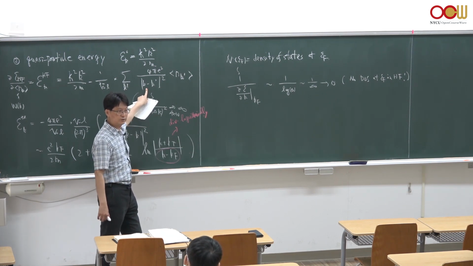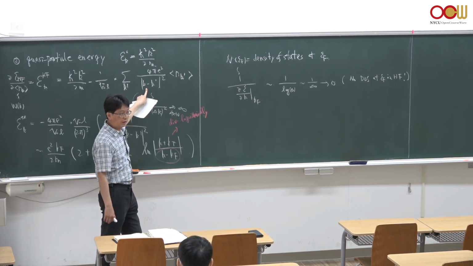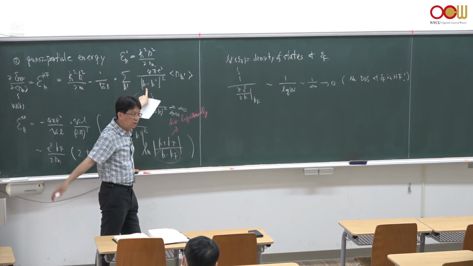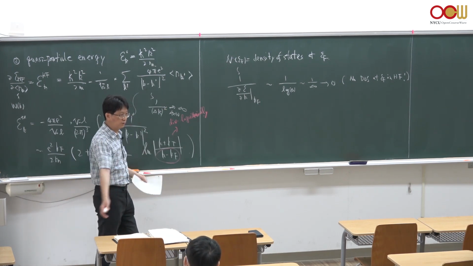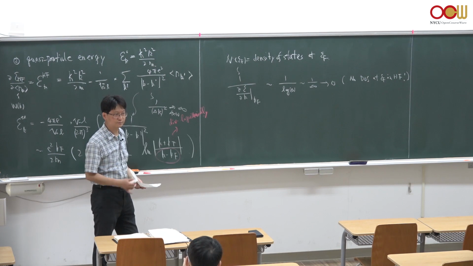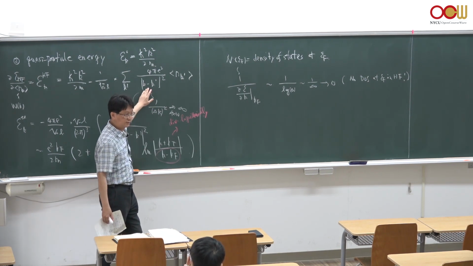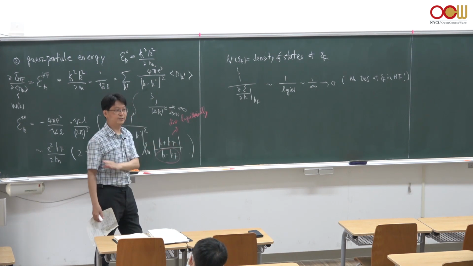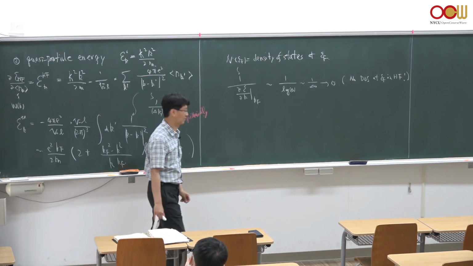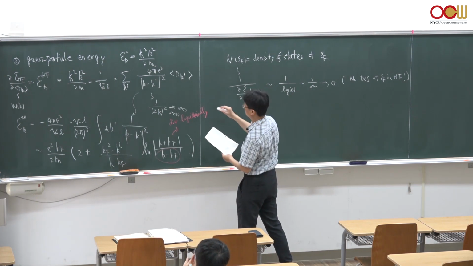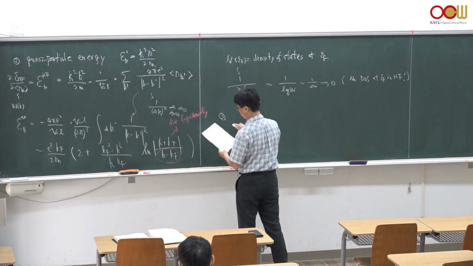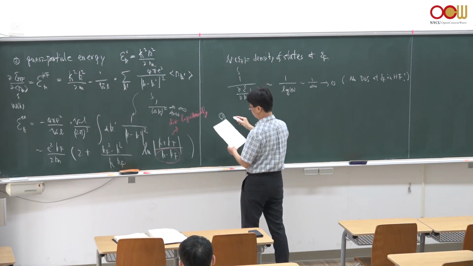Once this long-range tail is included here, the divergence will follow all the way to all the thermodynamic quantities. Okay, so the divergence is unavoidable. It is here and there, it is everywhere. So we can understand why this Hartree-Fock theory fails: because of the long-range Coulomb tail.